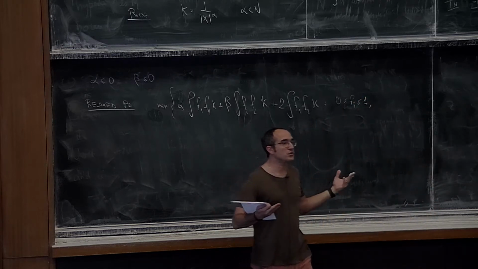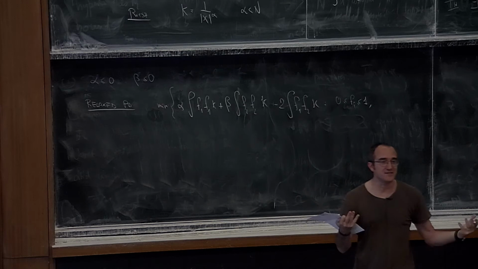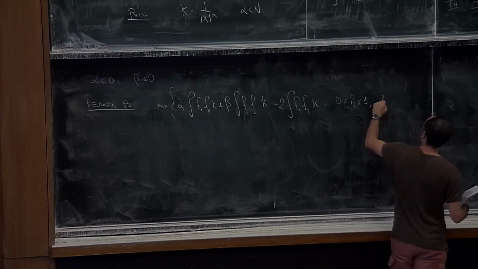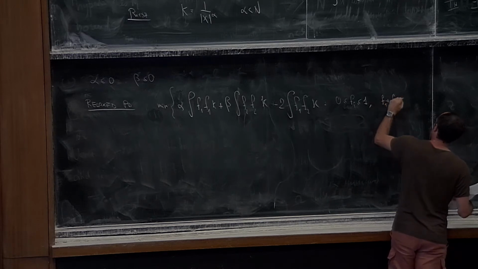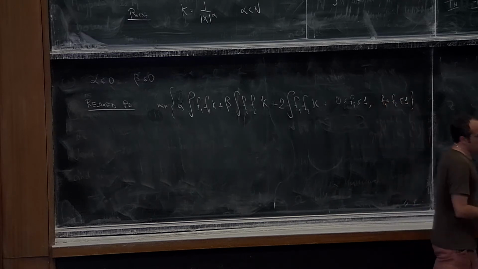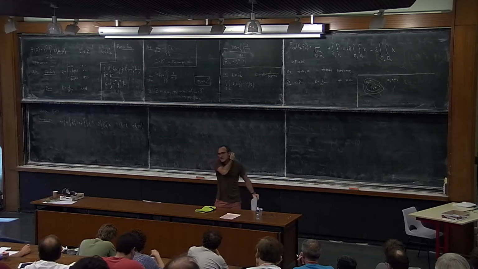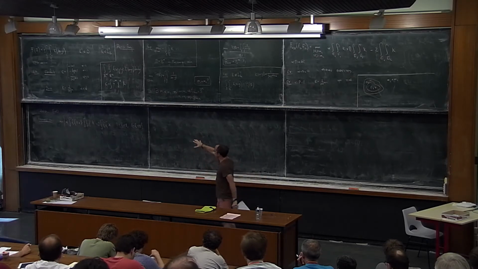And also, I don't want, say, superposition of individuals, so I also add a condition on the sum less than or equal to 1.